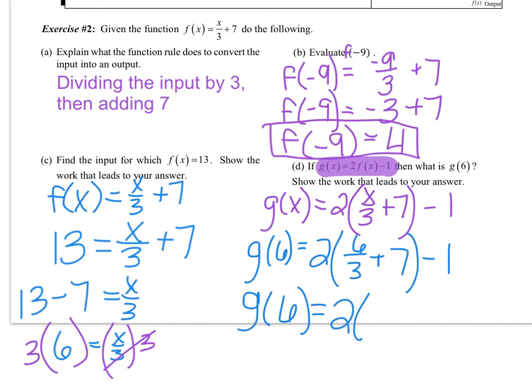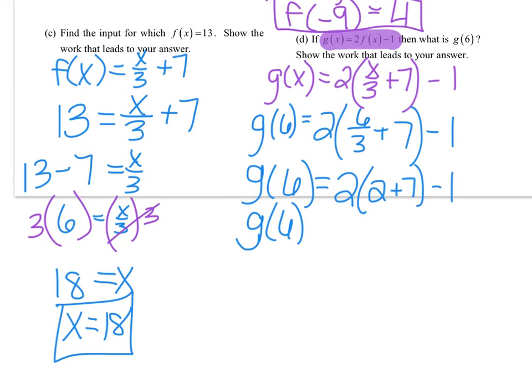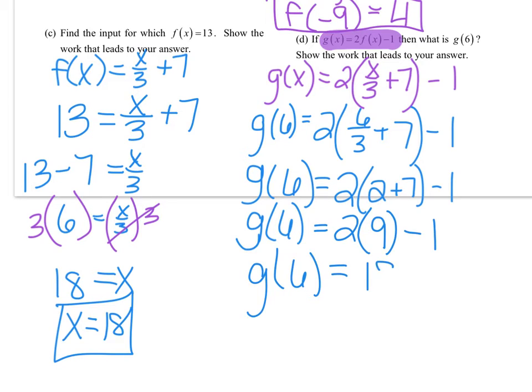Order of operations says do what's in parentheses first, then start order of operations all over again, so we divide, and then add. g of 6 is going to equal 2 times, well, 2 plus 7 is 9, minus 1, and we get 18 minus 1, which is 17.